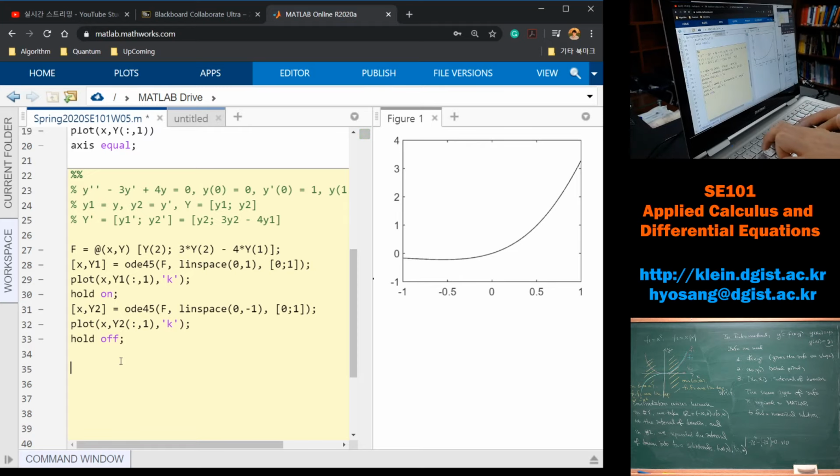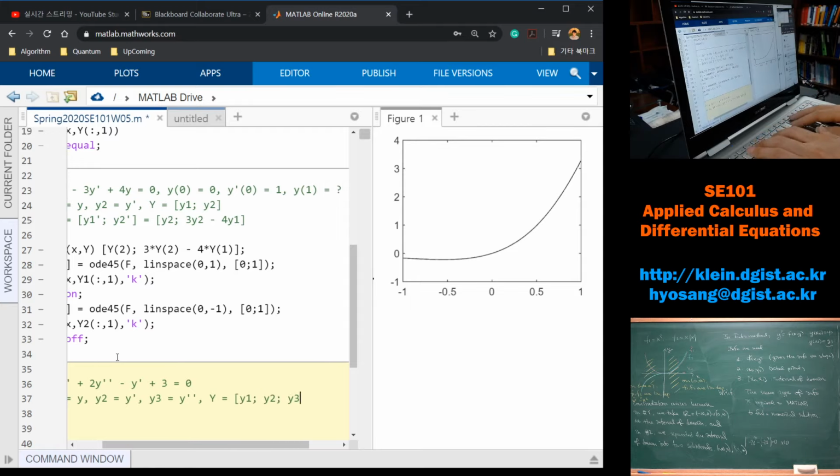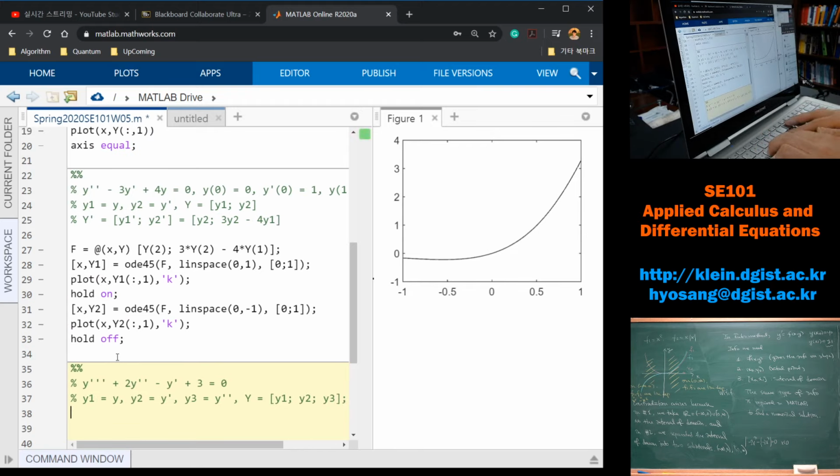Suppose that you have y triple prime plus 2y double prime minus y prime plus 3y equals 0. Then I set up three new functions: y1 equals y, y2 equals y prime, y3 equals y double prime. Using these three functions, I use the vector of functions y1, y2, and y3, and this should be a column vector.